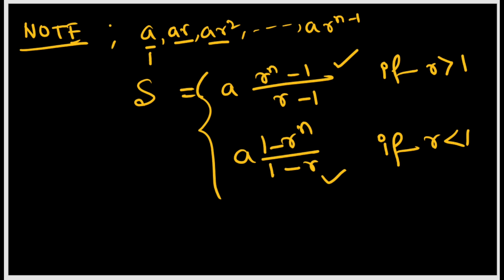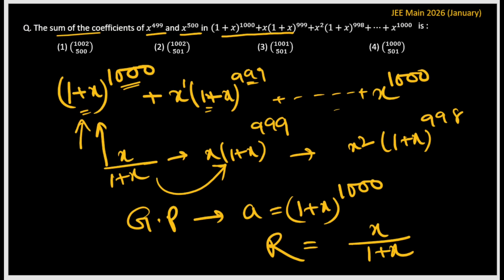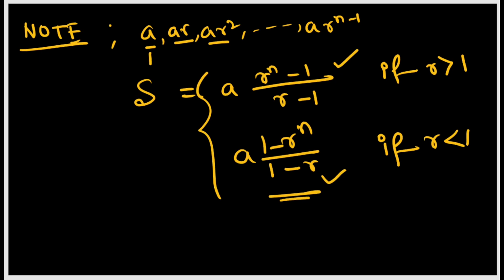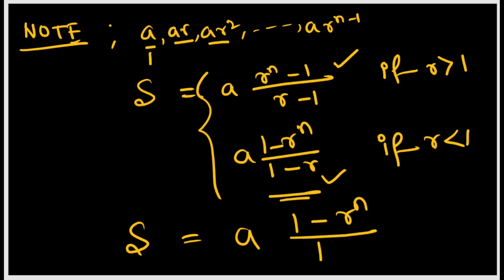In our case, r is x/(1 + x), which is strictly less than 1. So we apply the formula S = a(1 - r^n)/(1 - r).